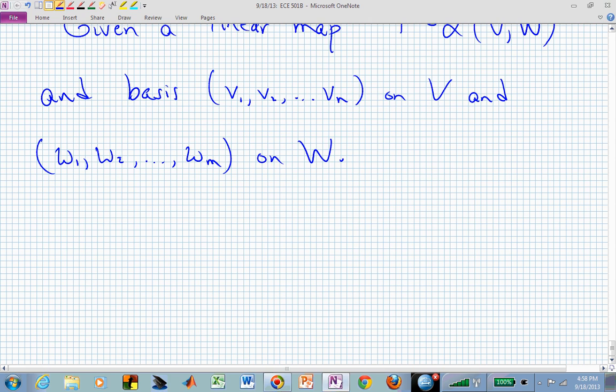Let's just talk in general, though, now. What we want to say now is the action. Again, we have a linear map between these two, a domain and a codomain.